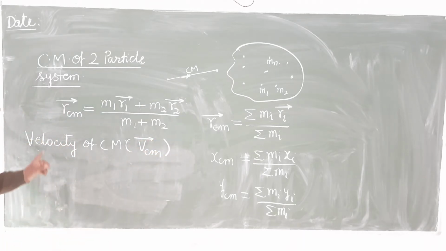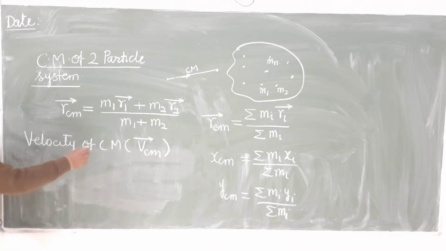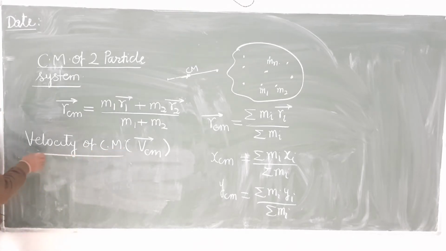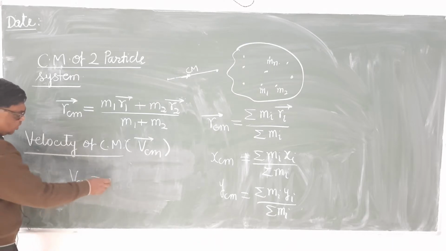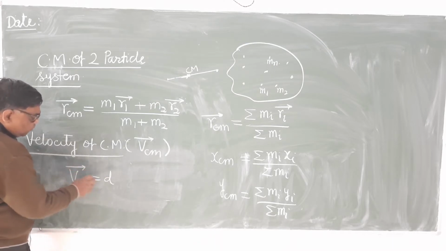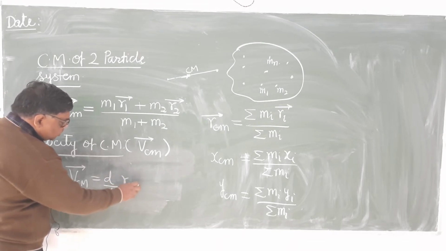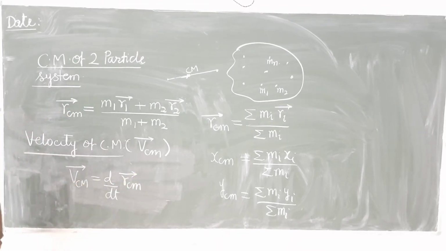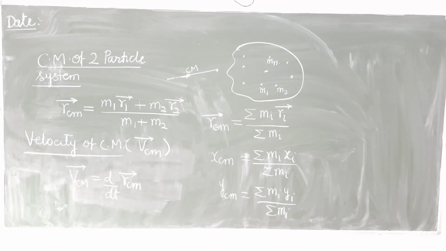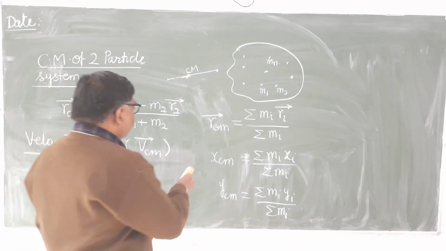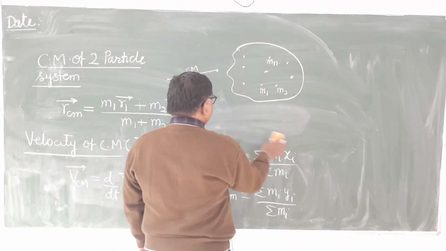See here, the velocity of center of mass is defined as the rate of change of position vector, meaning d by dt of RCM. This will be the velocity of center of mass. Now we will substitute the value of RCM.